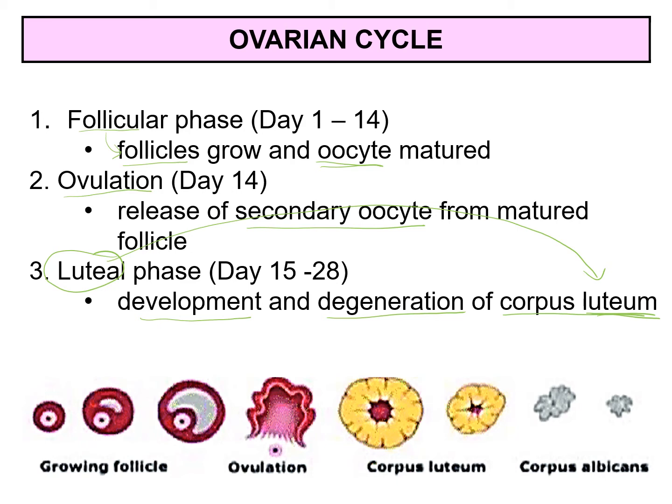So the ovarian cycle focuses on what happens in the ovary. The follicular phase is day 1 to day 14 because we explain based on 28 days, while the luteal phase is the second part. The ovulation event that releases the secondary oocyte occurs in the middle of the ovarian cycle.